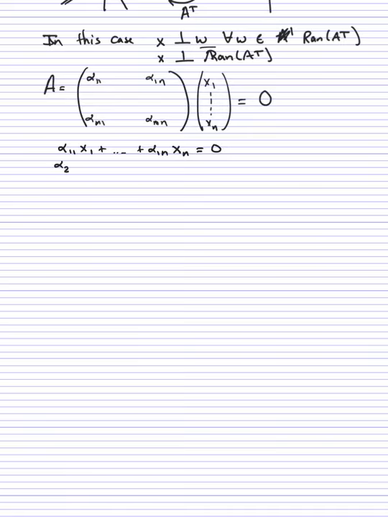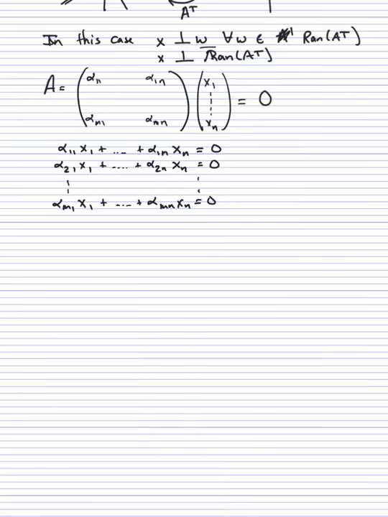Alpha 2,1 x1 up through alpha 2,n xn equal to 0, all the way up through alpha m,1 x1 up through alpha m,n xn equal to 0. This is just the system of equations that you get from being in the kernel of this matrix.